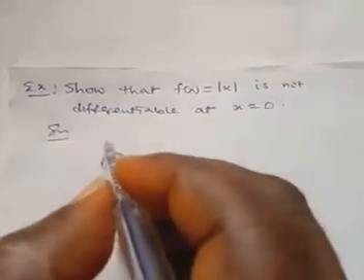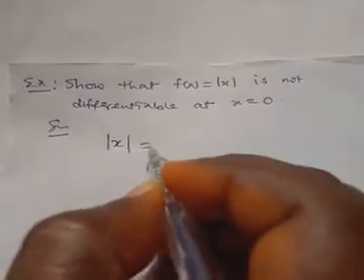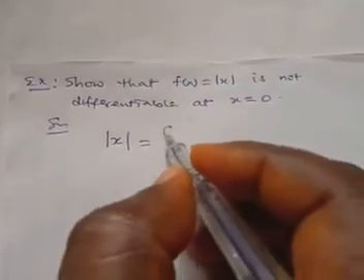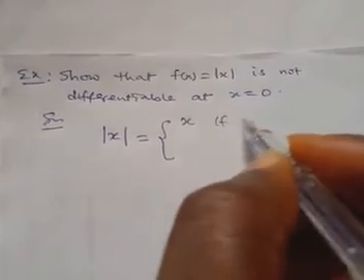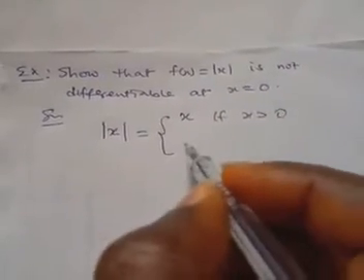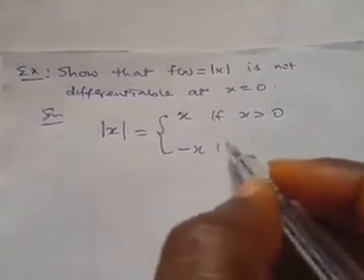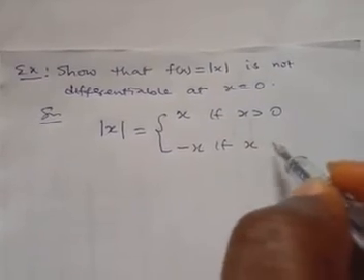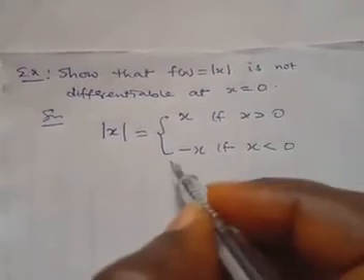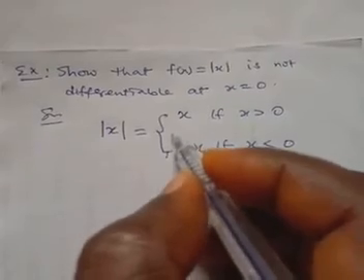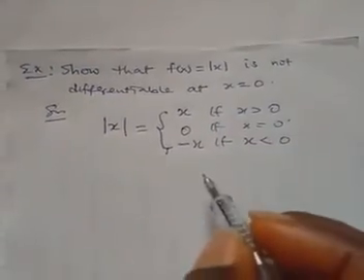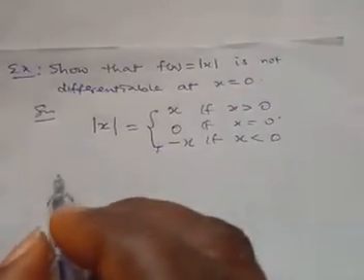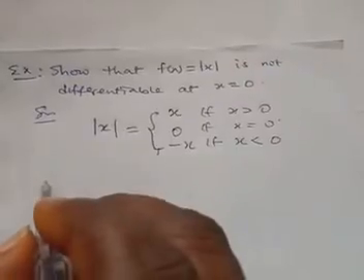So, solution. We first take note that by definition, this absolute value of s is simply equal to s if s is greater than 0, and it will be equal to minus s if s is less than 0, and in fact it will be equal to 0 if s is equal to 0. Now we want to find the derivative.